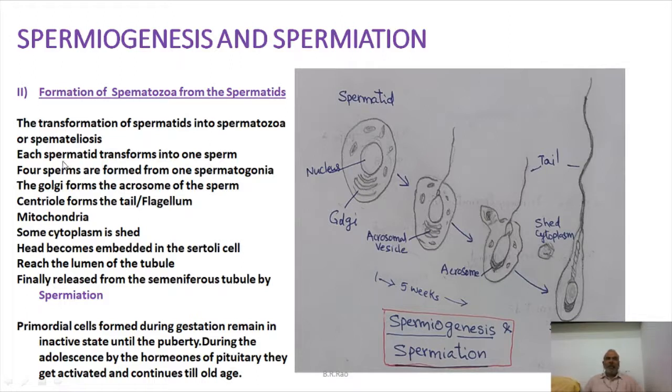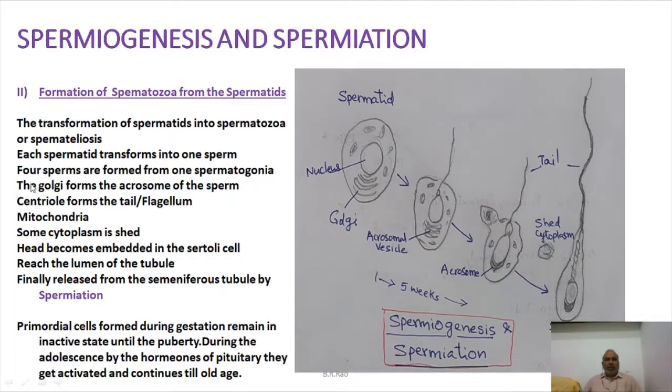Each spermatid transforms into one sperm. From each spermatid, only one sperm is formed. As there are 4 spermatids from one primary spermatocyte, 4 sperms are formed.